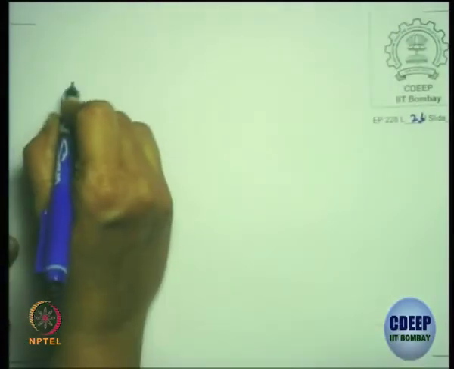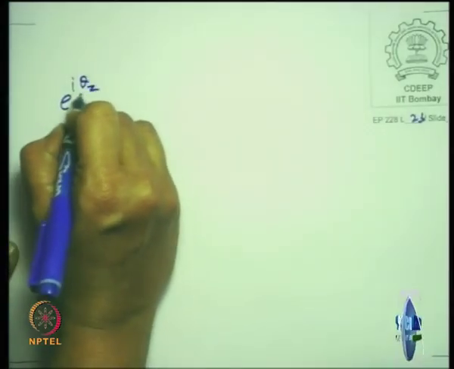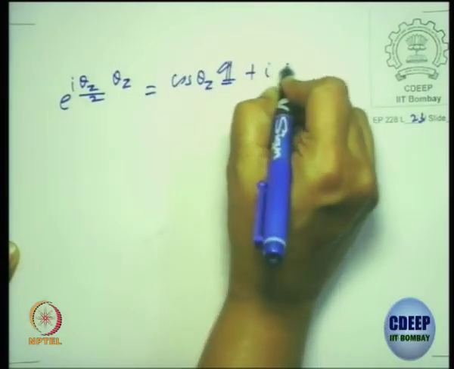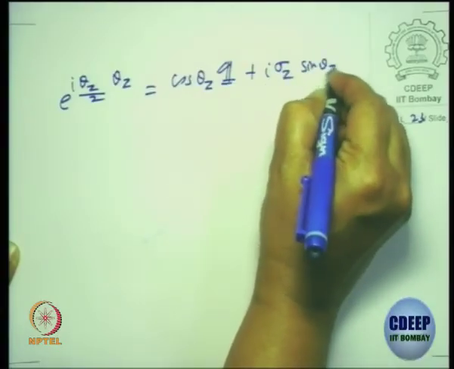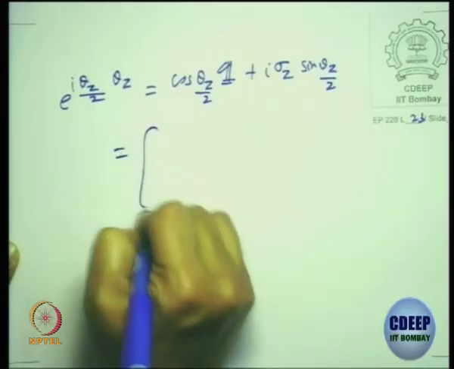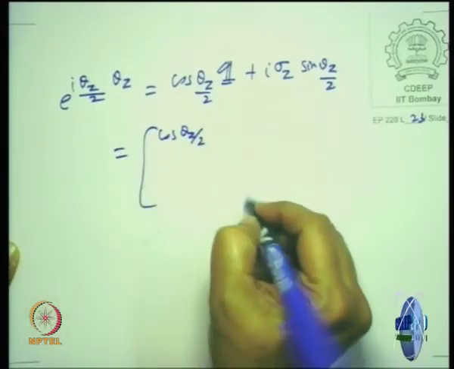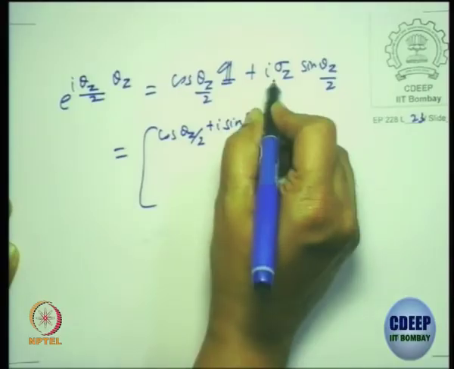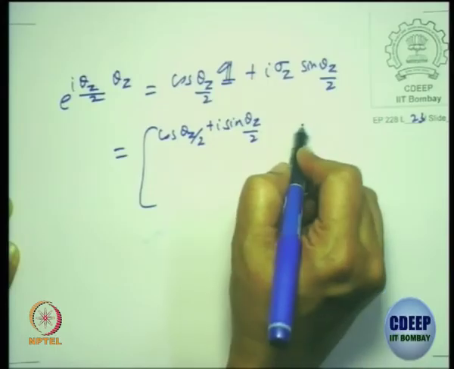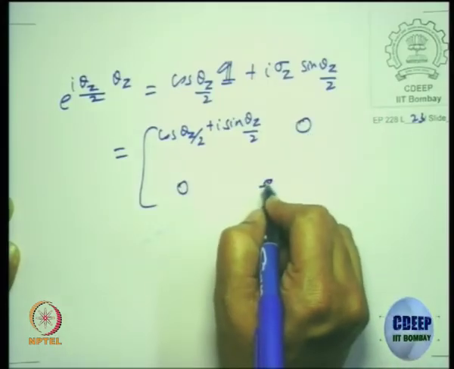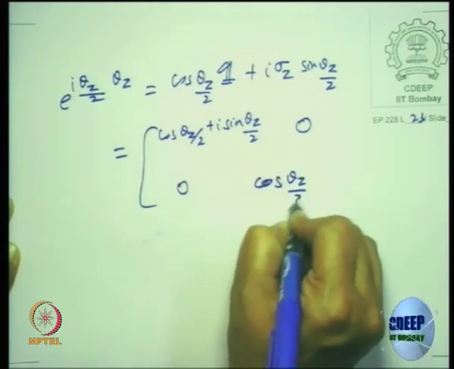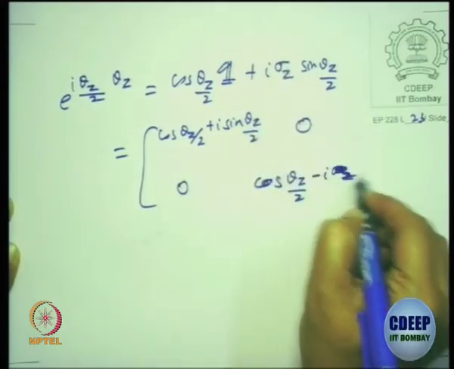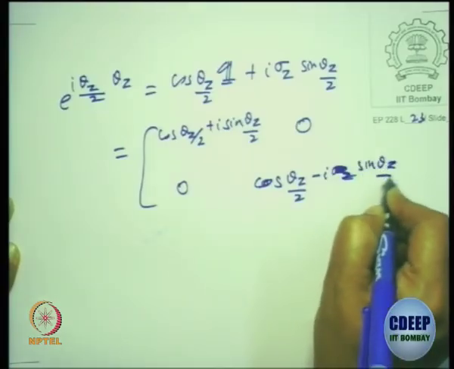So, you can write this as cos theta z by 2 plus i sin theta z by 2 times sigma z, which is 1 and minus 1 on the diagonal, with 0, 0 off the diagonal. So the entries are cos theta z by 2 plus i sin theta z by 2, and cos theta z by 2 minus i sin theta z by 2, since sigma z is minus 1 for the second entry.